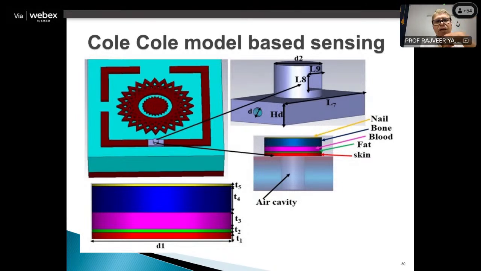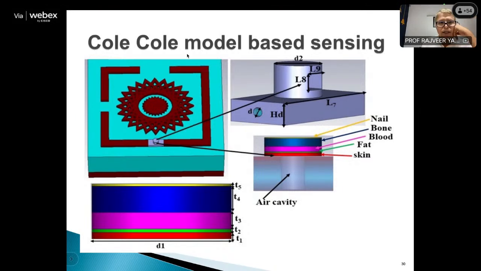This particular method is most popularly known as the Cole model. So here we are basically representing a biological tissue with mathematical formulations to get the exact behavior of your finger tissue, how the finger tissue will behave at a particular frequency.